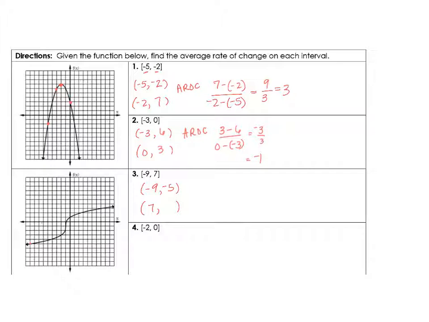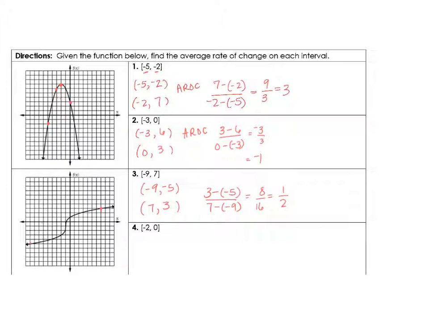And at 7, if we go all the way out to 7, it looks like then we're up here at 3. And again, going through our average rate of change formula, we will have 3 minus a -5. So that's going to give us 3 plus 5 over 7 minus a -9. And so we're going to have 8 over 16. So my average rate of change is 1/2.